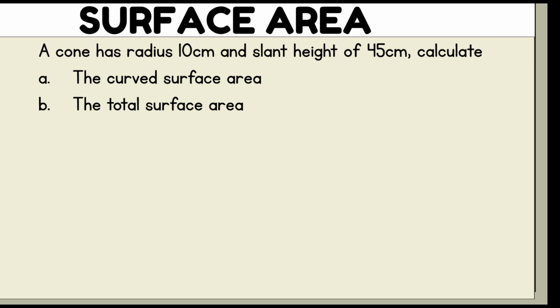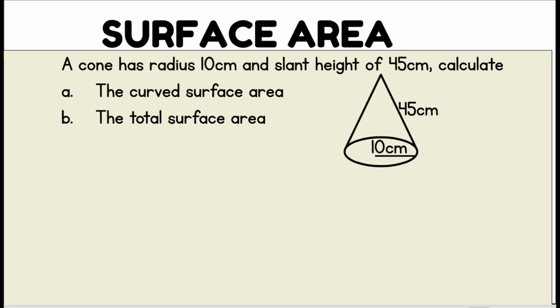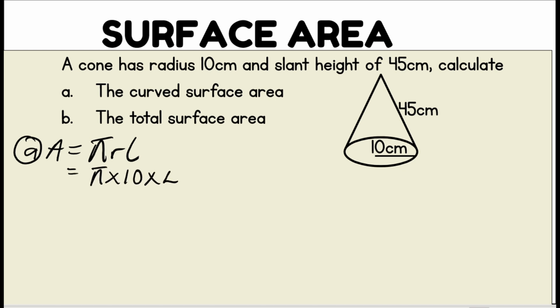Let's look at this question together. We already have our diagram here. The slant height is 45 and the radius is 10 cm. To solve A, the curved surface area is equal to pi RL, and this will be equal to pi times 10 times 45, and this will give us 450 pi.